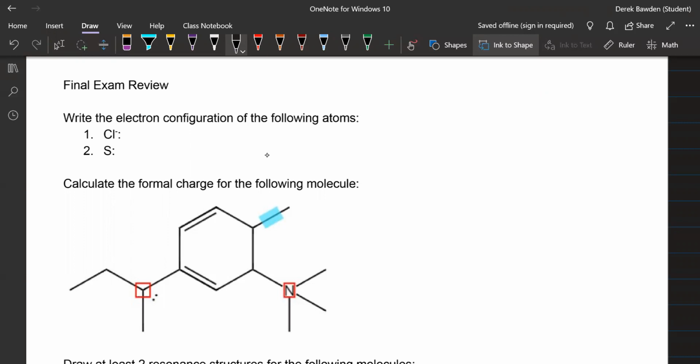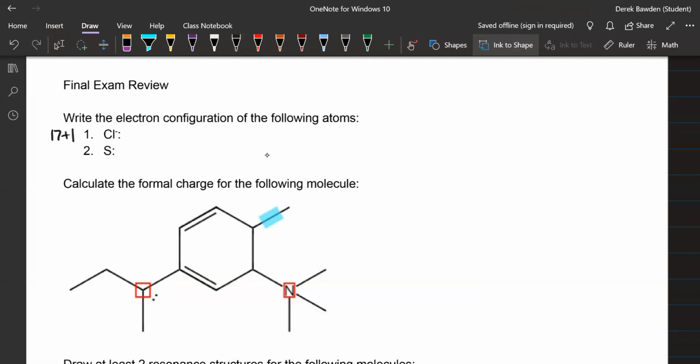But what does this chlorine ion tell us? What does that negative charge mean? Perfect. It gives us 1 more electron. That's exactly right. So total we need our electrons to add up to 17 plus 1 because of the negative charge on there.